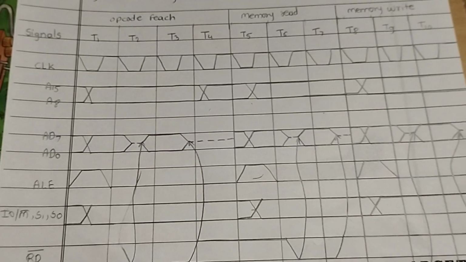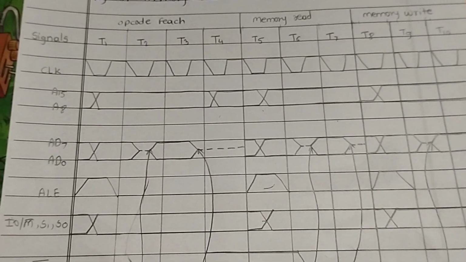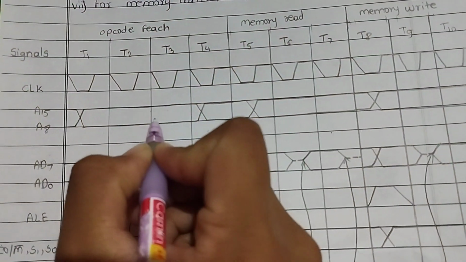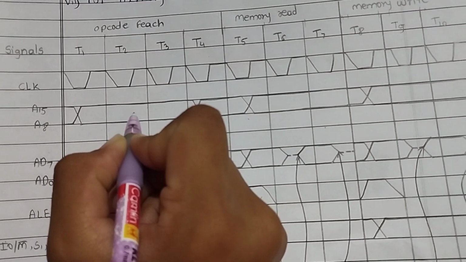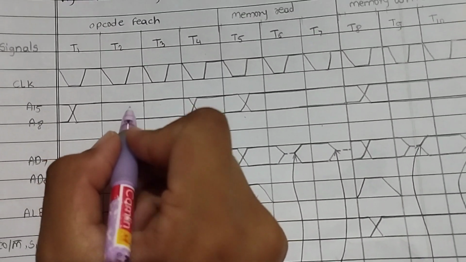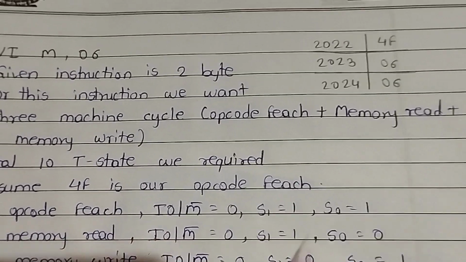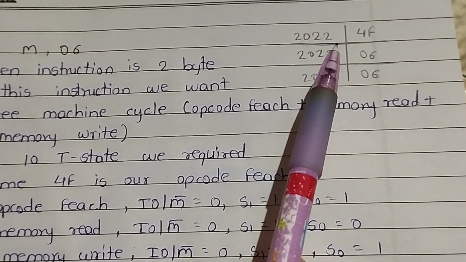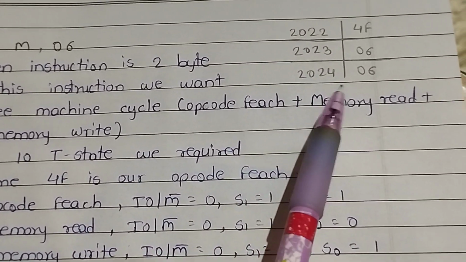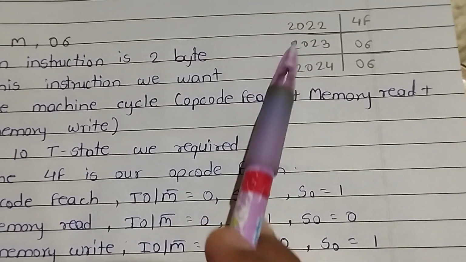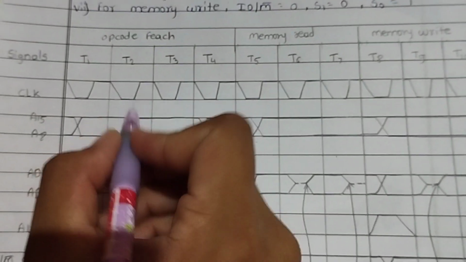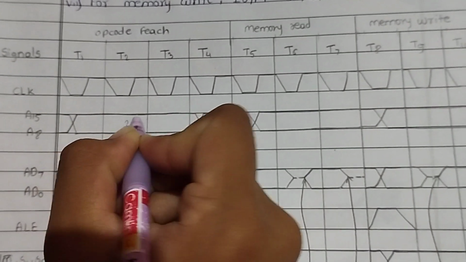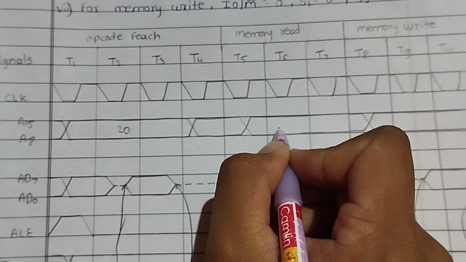Now we write the data in the diagram. Here we write the higher-order address, which we assume 2022, 2023 and 2024. So the higher-order addresses are 20, 20 and 20, and we write 20 for the whole machine cycle.